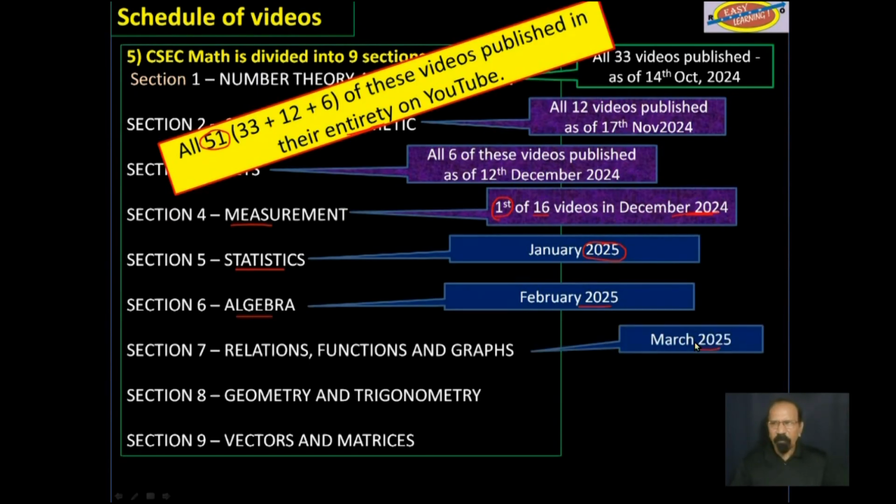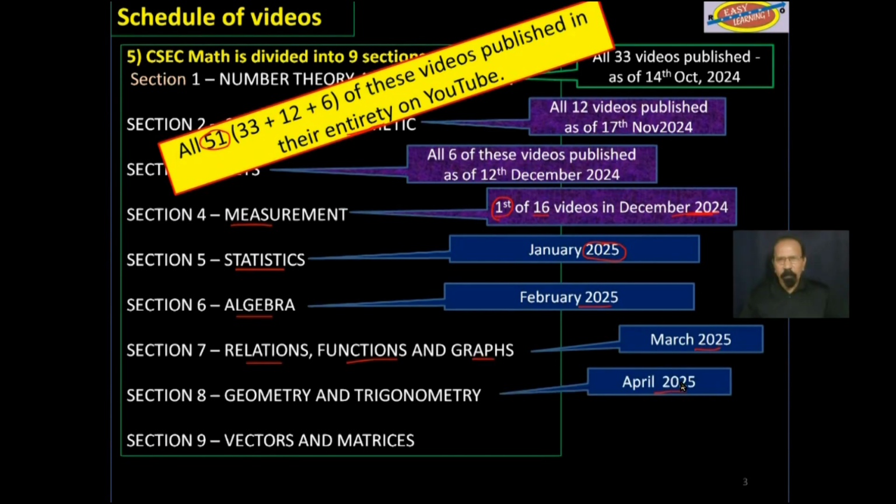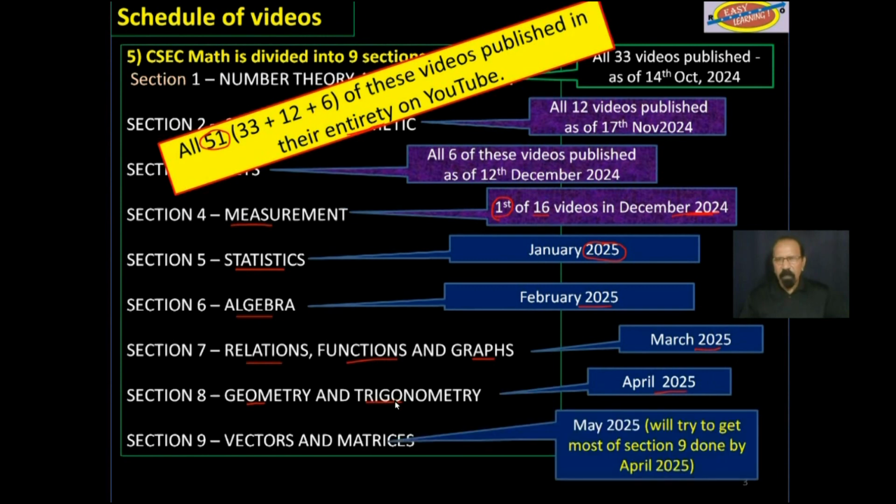March 2025, Relations, Functions, and Graphs. April 2025, Geometry and Trigonometry. And finally, May 2025, hopefully by mid-May 2025, Vectors and Matrices. And that will take care of all the objectives in this syllabus.